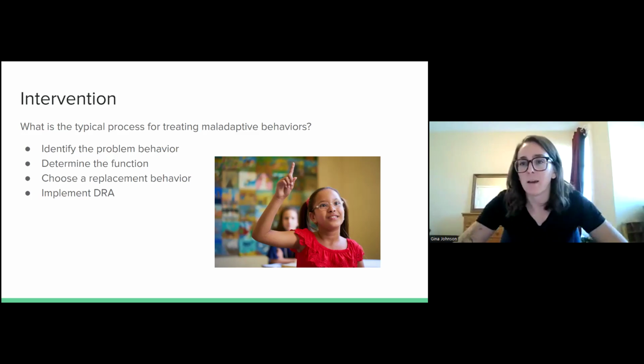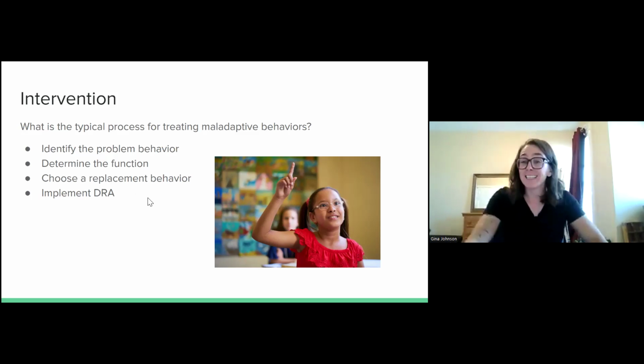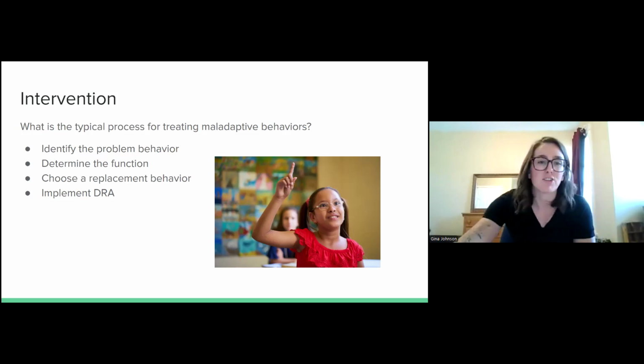Easy peasy, lemon squeezy, right? Our jobs are just that easy. So reductionist, sorry. But in a lot of cases, if we get the function right and we do our reinforcement right, this works. This DRA is a little bit of a magic bullet.